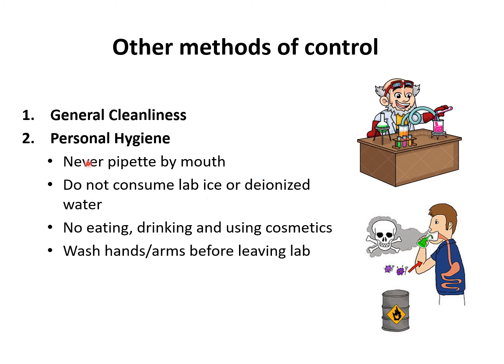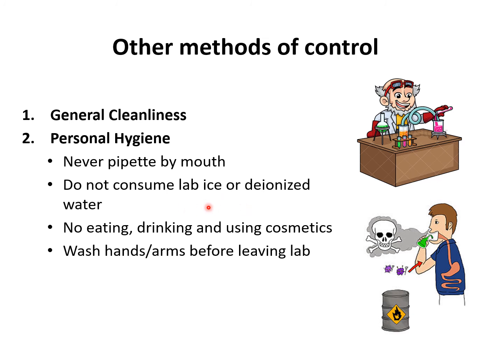Other control methods, especially for BSL-4, although these can also be used for other levels. For example, general cleanliness, like personal hygiene, and of course while working in the lab, never pipette by mouth, and do not consume lab ice or deionized water. These are the two materials that are mostly confusing. Sometimes somebody needs ice, deionized water, and sometimes sodium chloride.